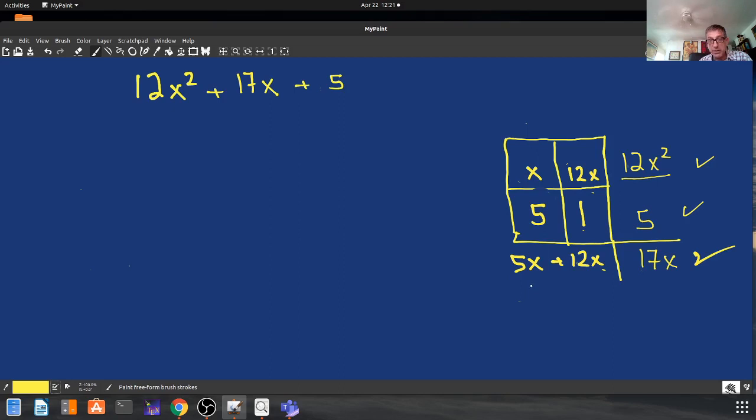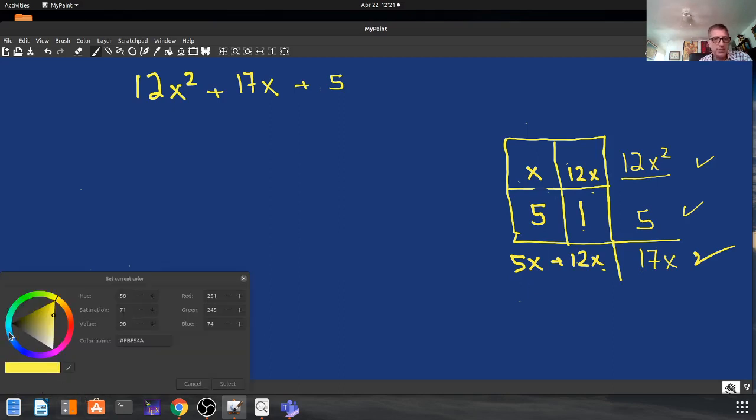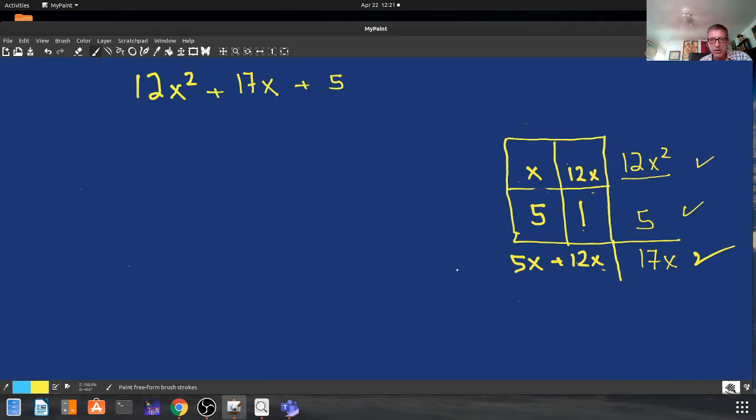Yeah, that one took a little bit longer. Sometimes they don't. Sometimes you see them right offhand or you get lucky. So the factorization, don't forget, is x plus 1 times 12x plus 5.